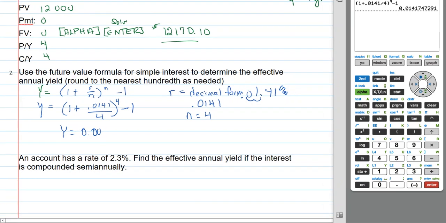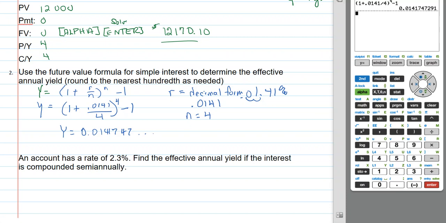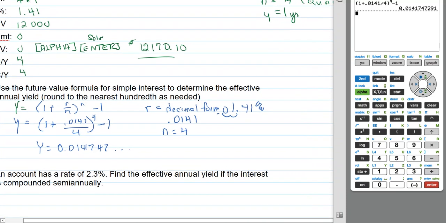So we get 0.0141747 blah blah blah. Well, we can only estimate what it would be, and we had 2 decimal places, so we're going to go with 3.